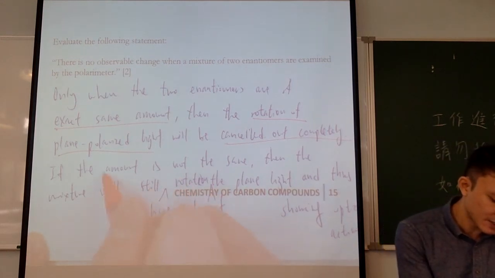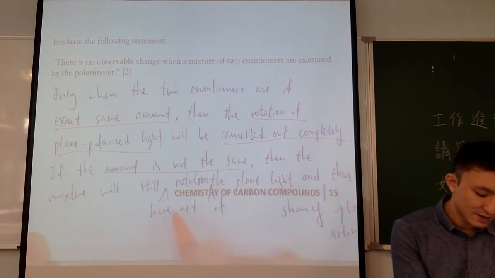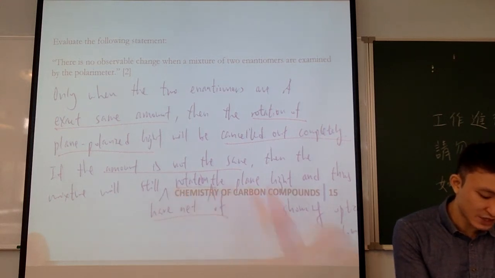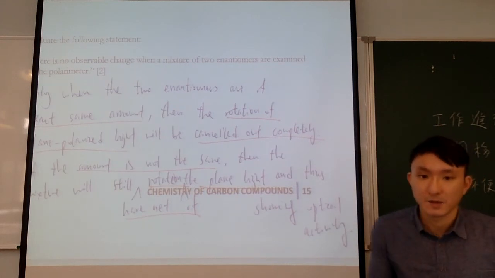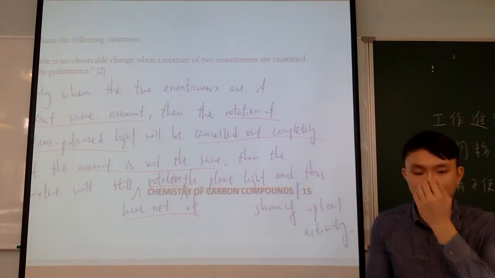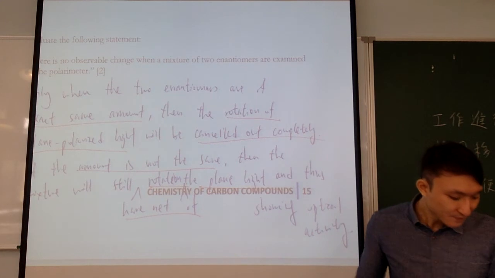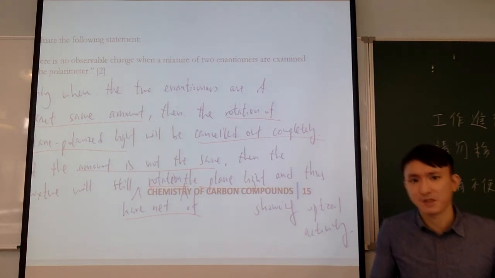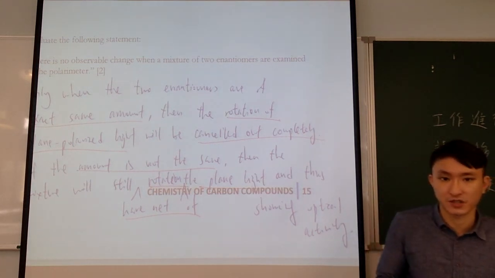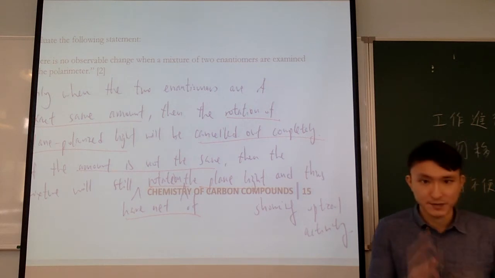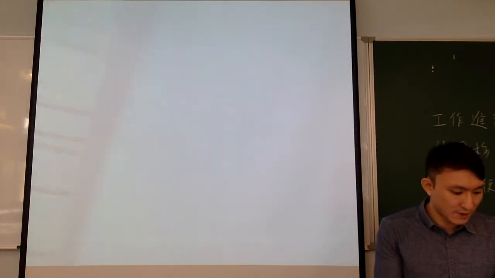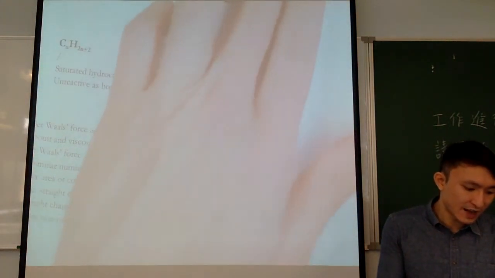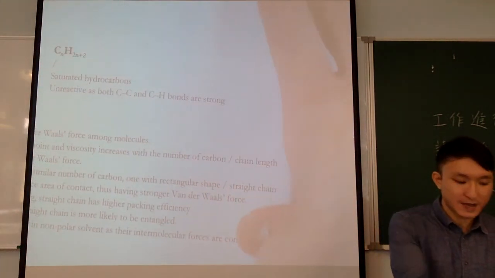If the amount is not the same, then they will still have a net rotation of plane polarized light, and therefore giving you an observation or showing an optical activity. Okay? So I think the key is you mentioned the 2 situations, the 2 conditions. Okay? So that's the idea. Now the rest of them will be multiple choice questions, and then we will enter the functional group chemistry.